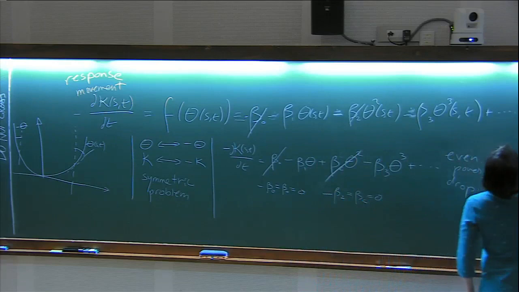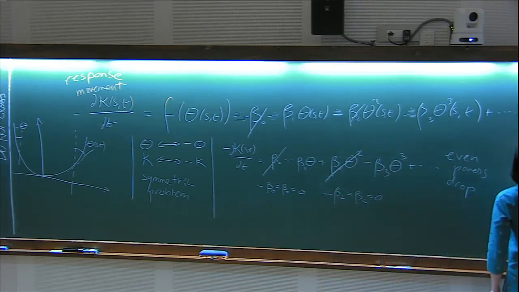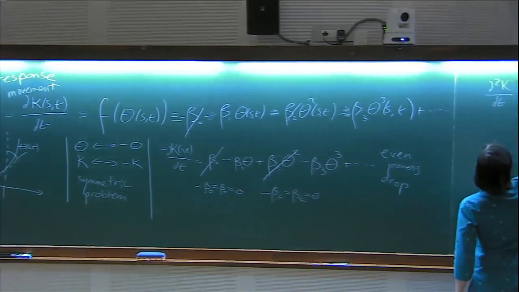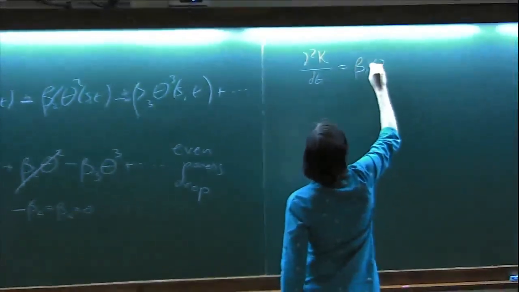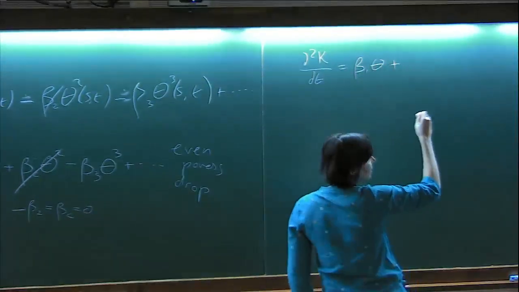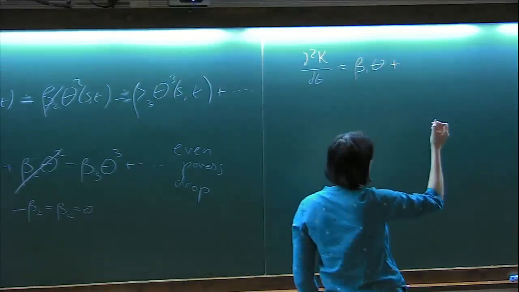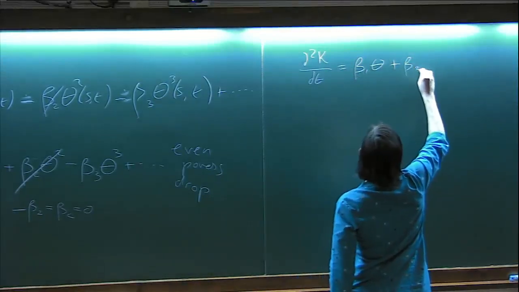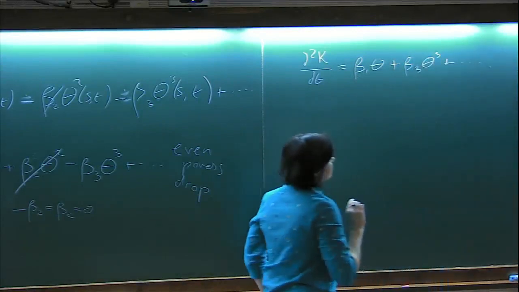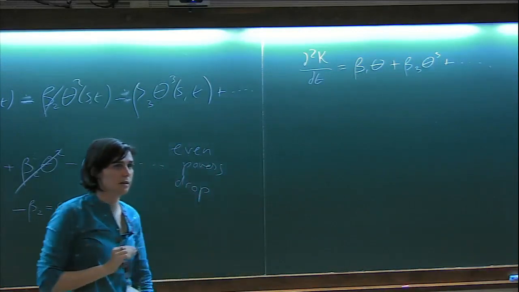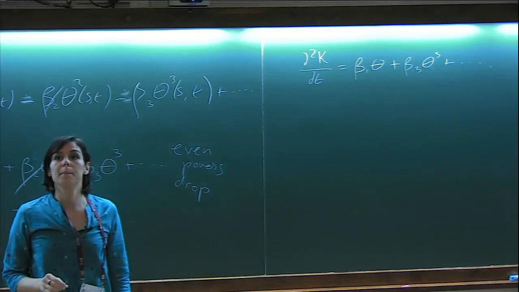So what am I left with now? Beta 1 theta plus beta 3 theta cubed, and so on. I'm dropping the s and t just for ease.